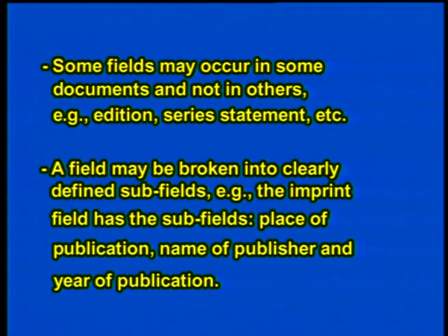Another important peculiarity is that some fields can be broken up into clearly defined subfields. For instance, the imprint field could have clearly defined subfields like place of publication, publisher and year of publication. Now, these are some of the peculiarities of bibliographic records.